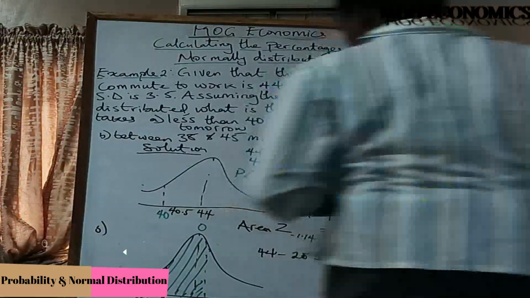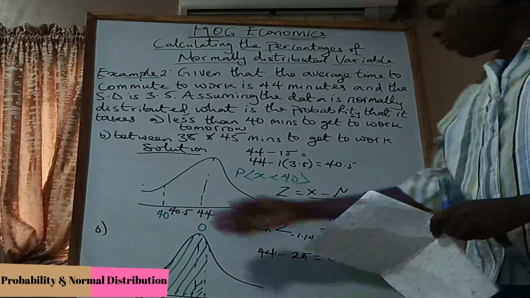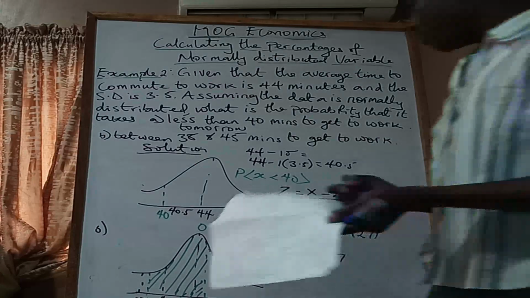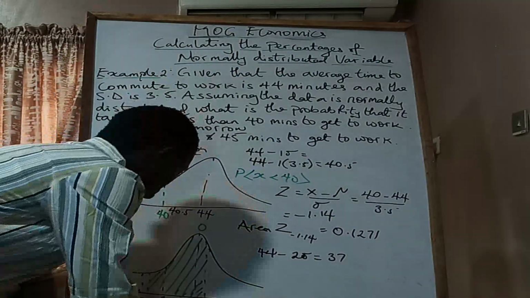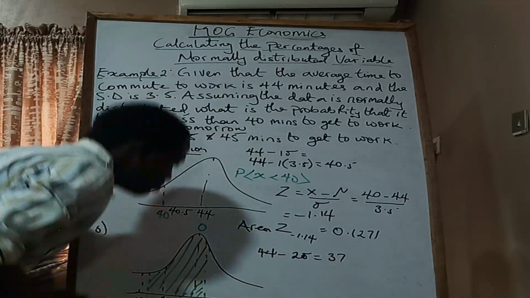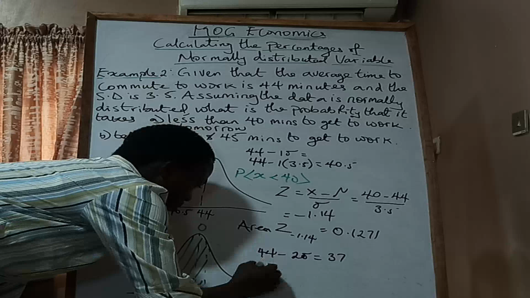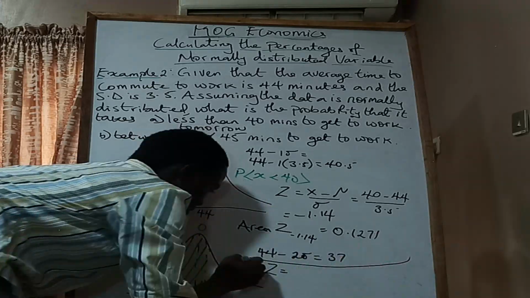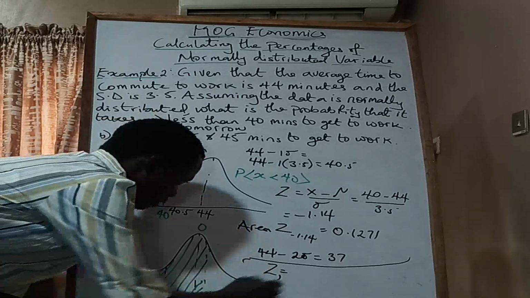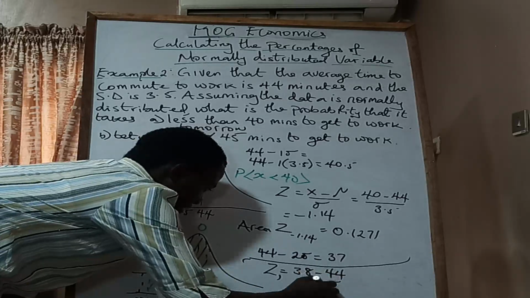So essentially, what we're just going to do is to look for the z-score of 45, like we've been doing before, look for the z-score of 38, and then find their corresponding areas. Okay. So converting to z-score, using our formula, z1 is 38 minus 44 over 3.5 standard deviation.